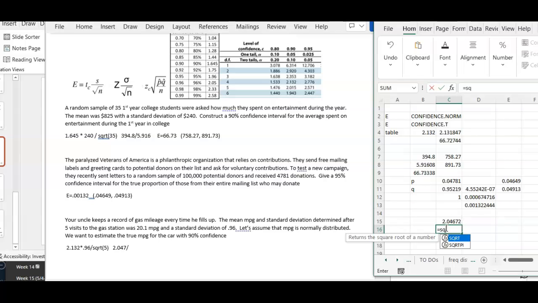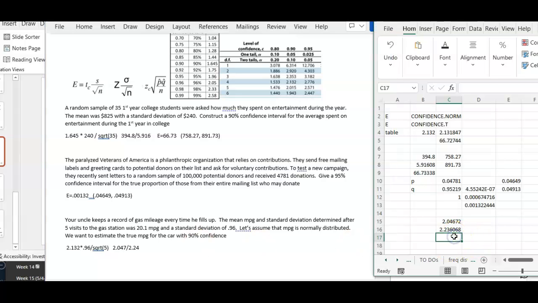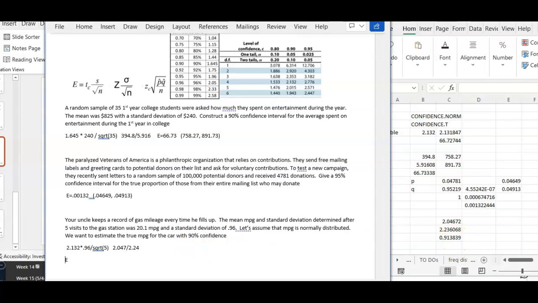Equals the square root, that's another formula in Excel, of 5 is 2.24, and now I know that I need to divide 2.047 by that. So I'll say equals 2.047 divided by 2.24, and that gives me 0.914. So my margin of error is 0.914.